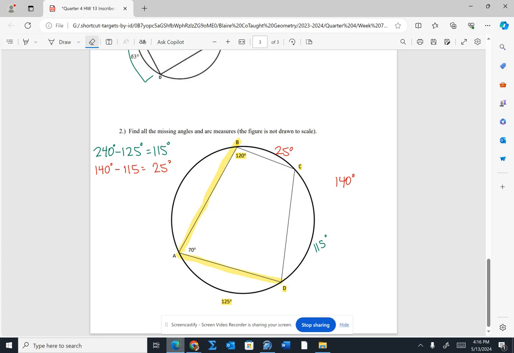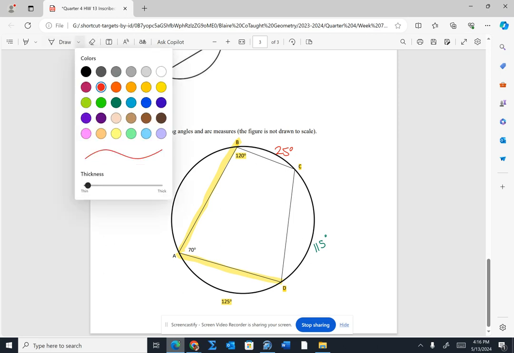And then I think the best way to figure out what's left over is just to use the concept that all of those arcs should add up to 360 degrees because there's 360 total degrees in a circle. So let me grab my calculator. The eraser isn't necessarily wanting to erase everything that I want it to. All right, I'm going to add up.